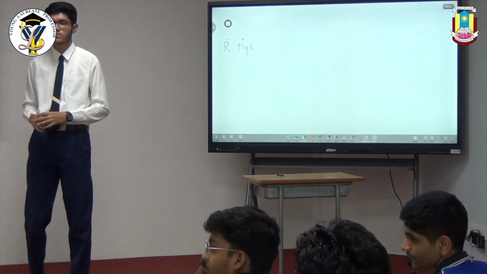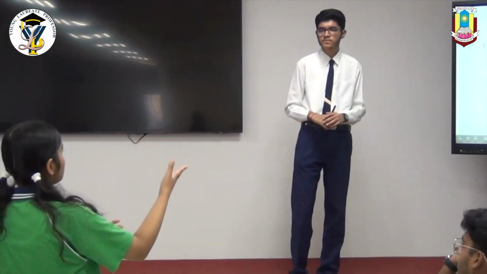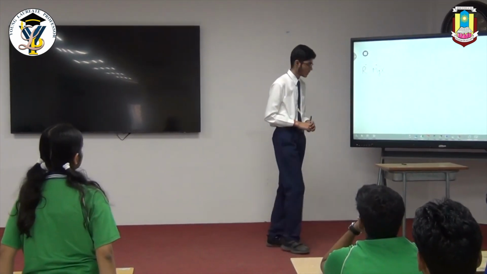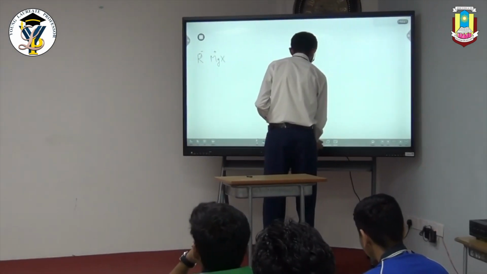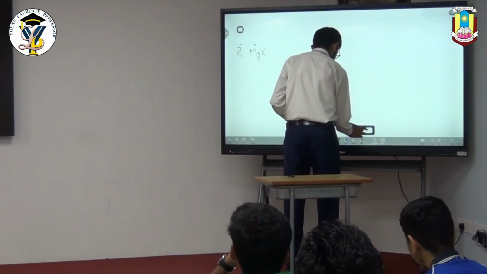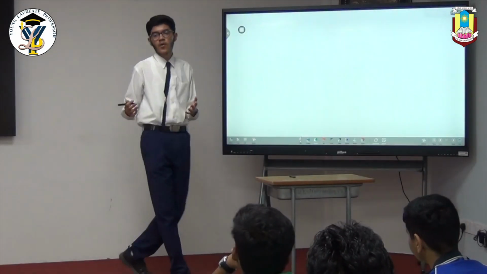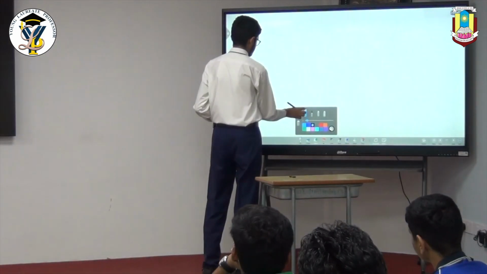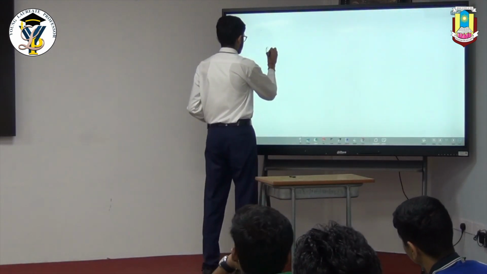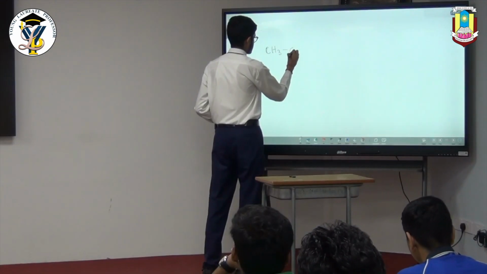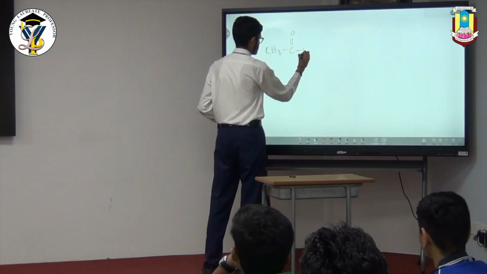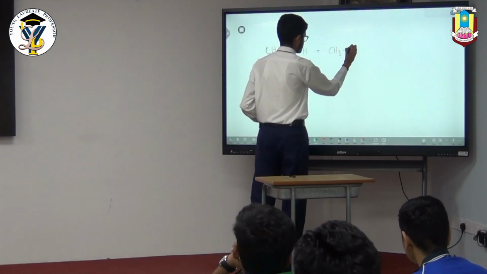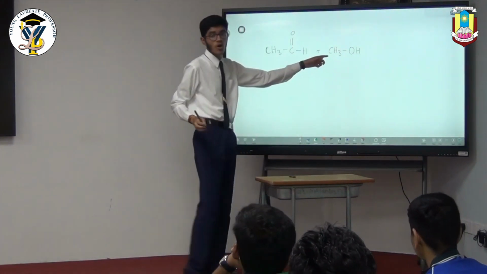Any other question? You have explained the formation of cyanohydrin. Are there any other examples of nucleophilic addition reactions with carbonyl compounds? There is one, a very important reaction. It is acetal formation, hemiacetal formation. So what happens here is, here alcohol is present.